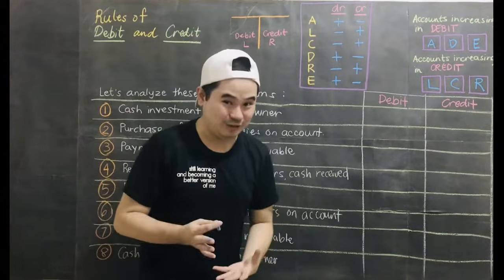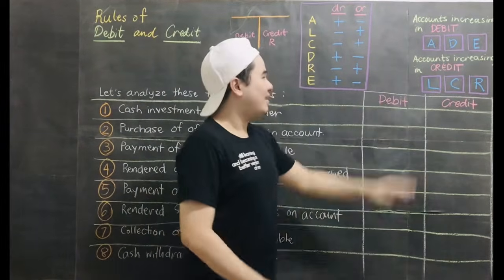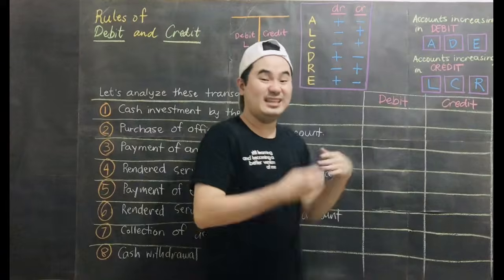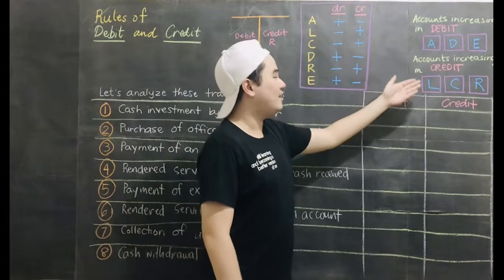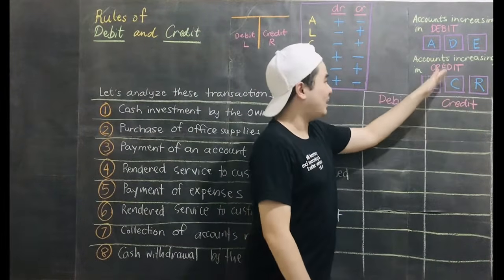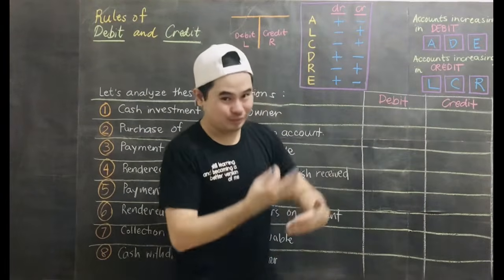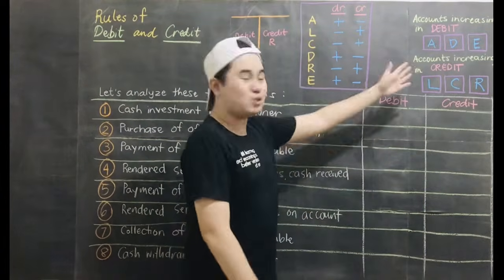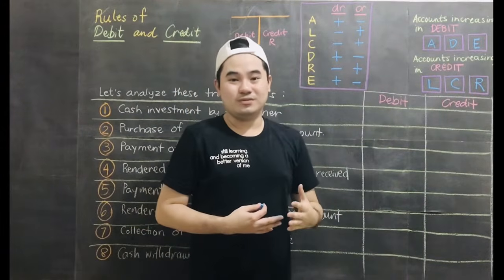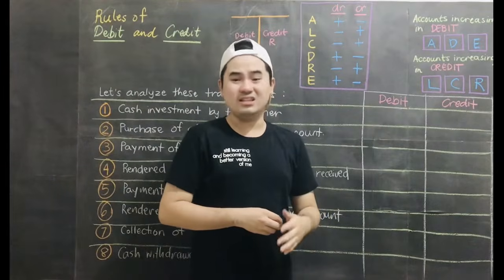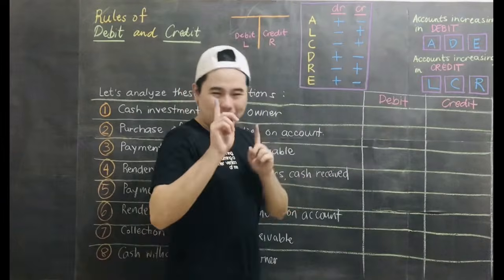Or, if asset, drawing, and expense increase in debit, then their decrease is in credit. And if liabilities, capital, and revenue increase in credit, then their decrease is in debit. So it's your option. I'm giving you these two options on how to properly memorize the rules of debit and credit, because if you don't study, you won't pass the board exam either. So you should study it well.